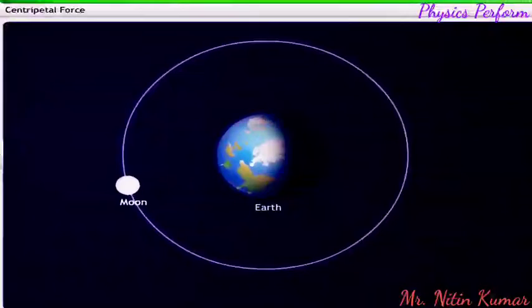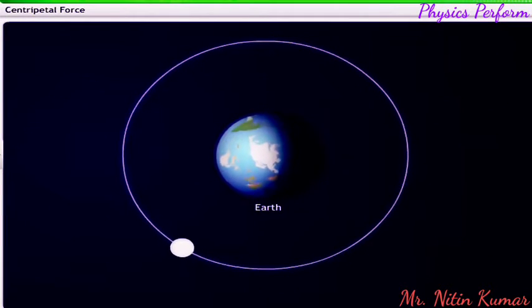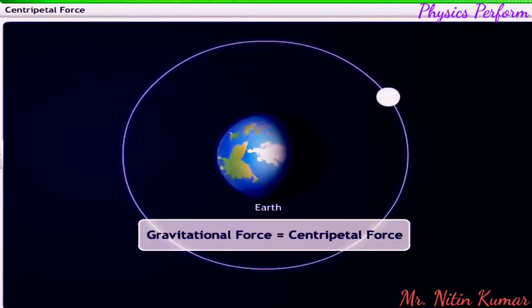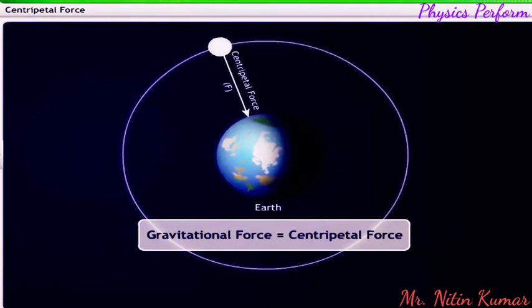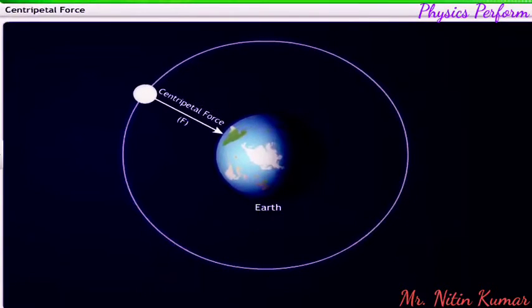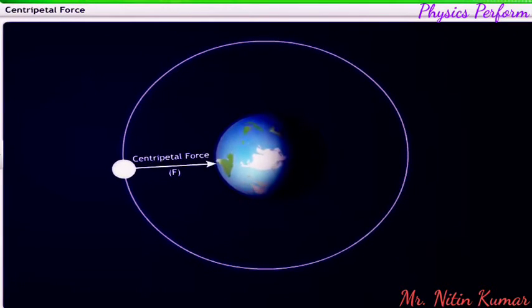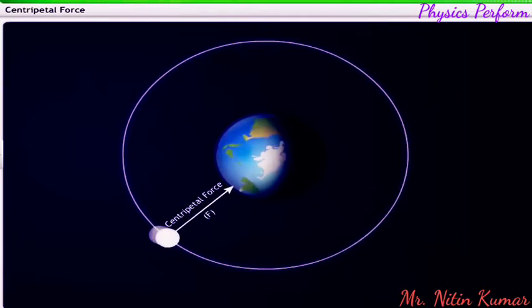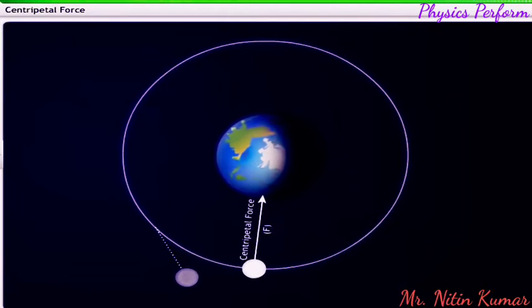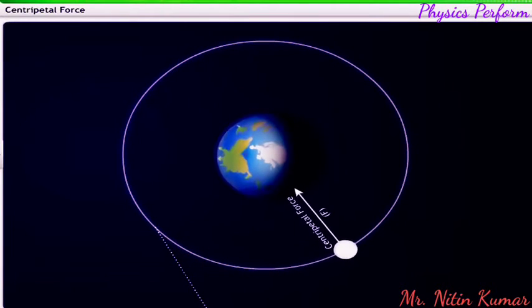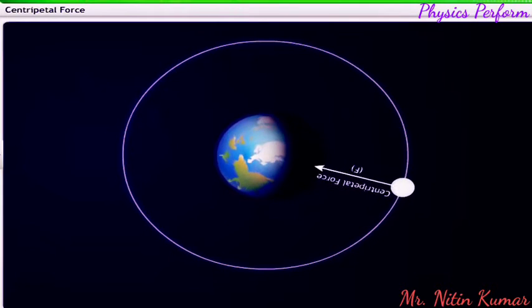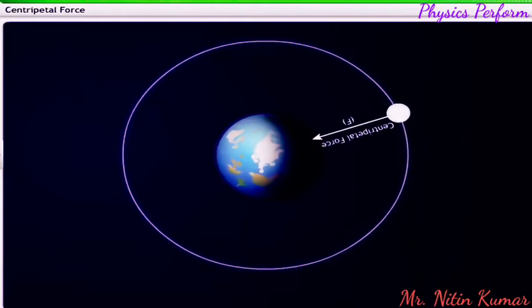The reason for the motion of the moon around the Earth is similar to that of the motion of the hammer, just discussed. The gravitational force of attraction between the Earth and the moon provides a centripetal force for the moon. In the absence of centripetal force, the moon would follow a tangential path similar to that observed in the case of the hammer discussed. In that case, our moon would have flown away from the Earth long back.